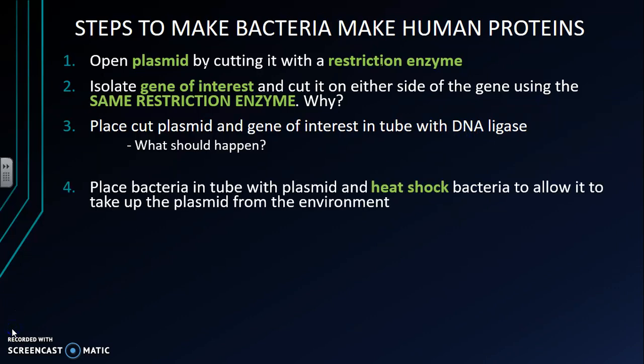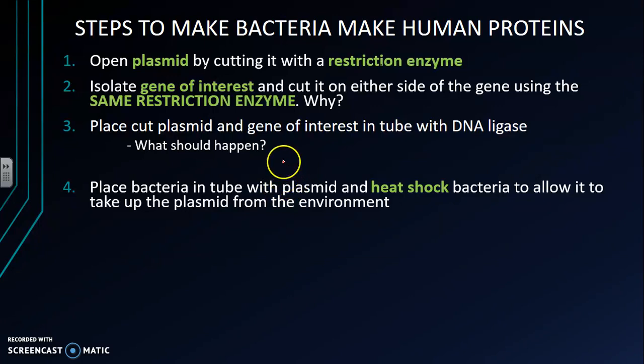Hopefully, when we're doing this, we're not just doing one plasmid and one gene of interest. We're doing thousands of plasmids and thousands of copies of the gene of interest. Hopefully, at this point, we have some plasmid with the gene of interest in it. We are then going to take the bacteria and place it in a tube with this new, what we call recombinant plasmid.